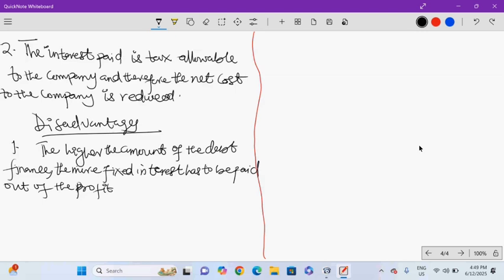So if you go in for more interest, it means you are reducing their profits, and that is a disadvantage on the part of the shareholders, right? And also the business in general, because the business will be highly geared. So that would otherwise be available to the shareholders.